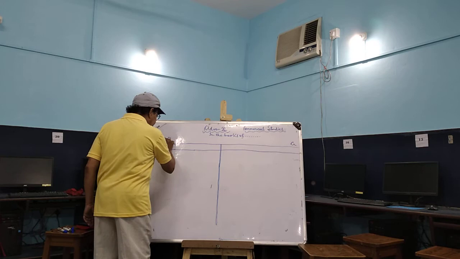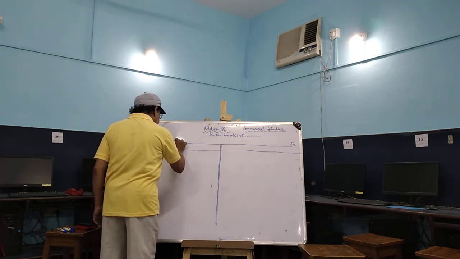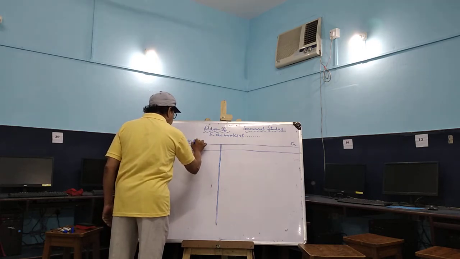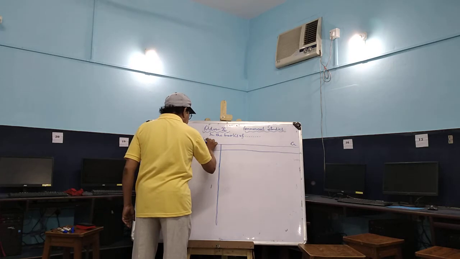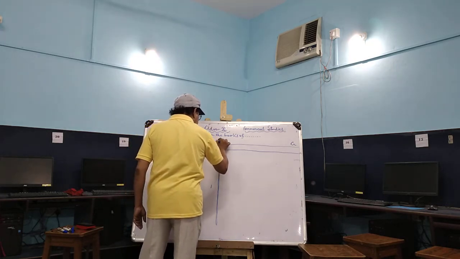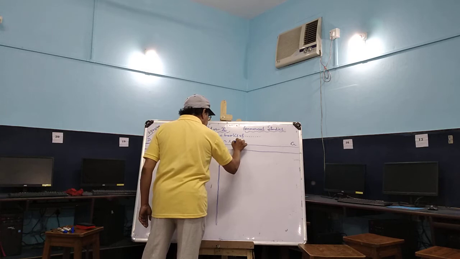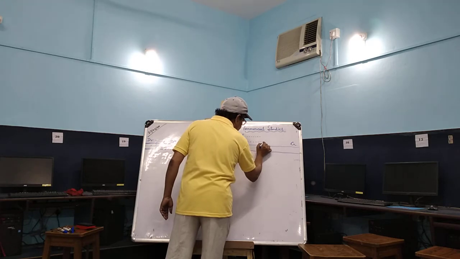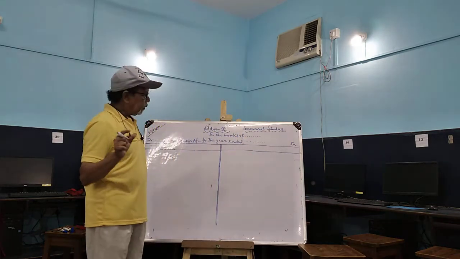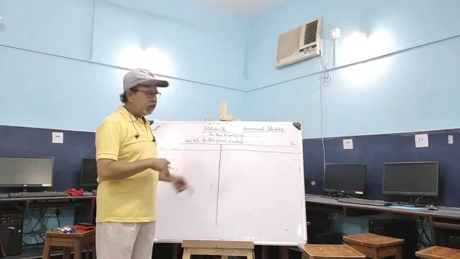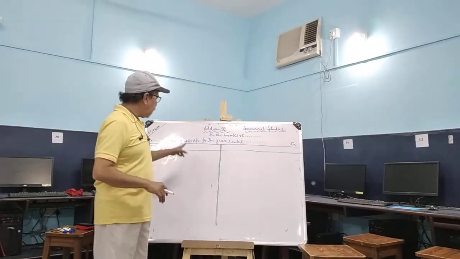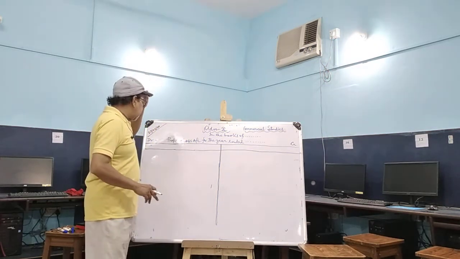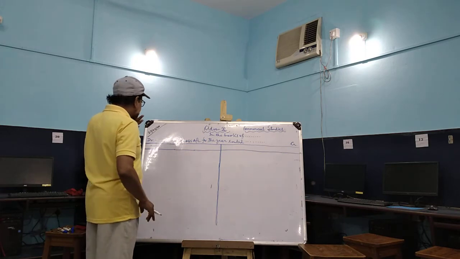Then give the heading: Profit and loss account for the year ended. Then the space for writing the date or the year. For which year we are preparing the account, that year must be mentioned there.